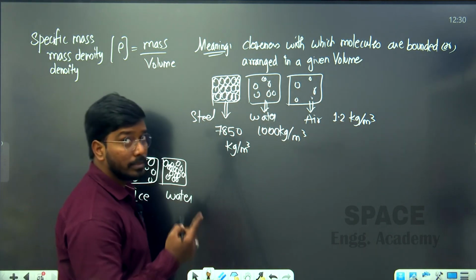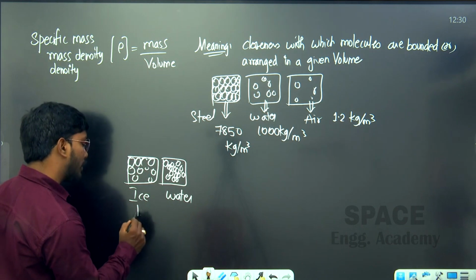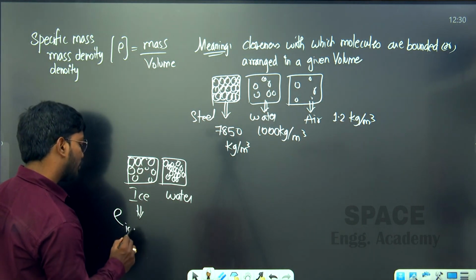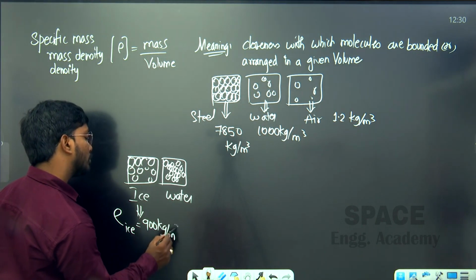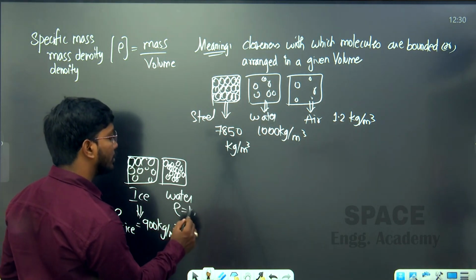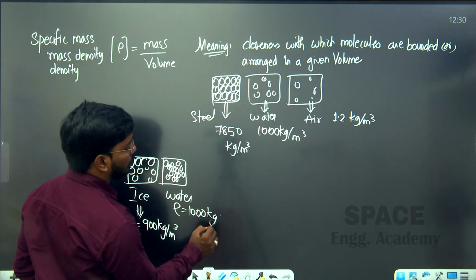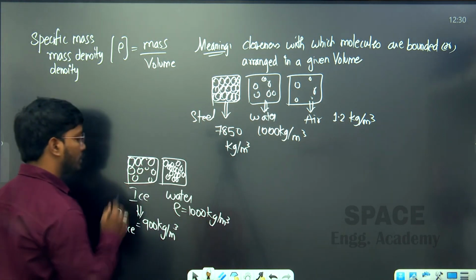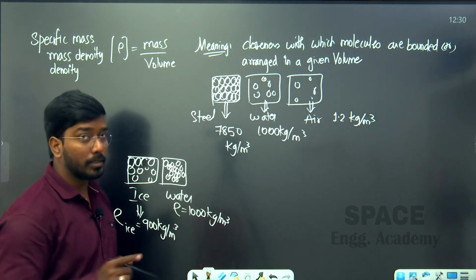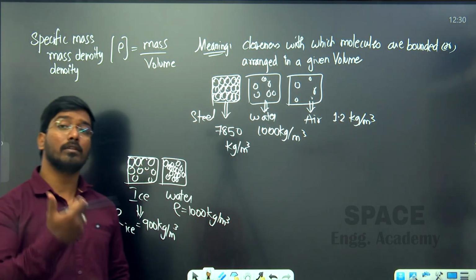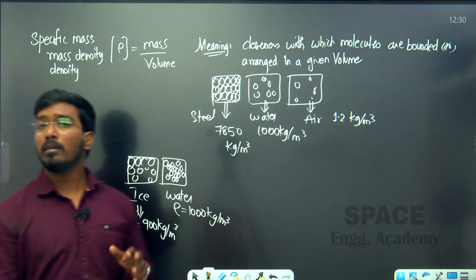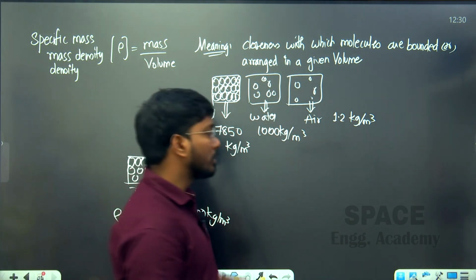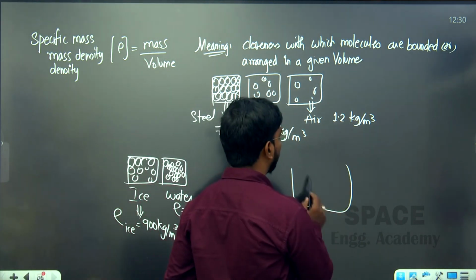So this case does not valid because density of ice is around 900 kg per meter cube, whereas density of water is 1000 kg per meter cube. Remember this. In case of ice and water, this condition of solid having higher density than liquid does not valid.